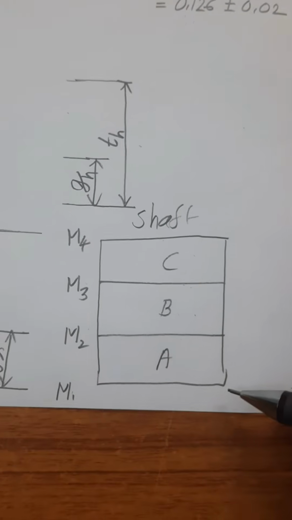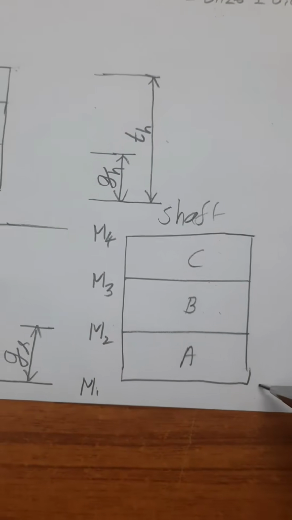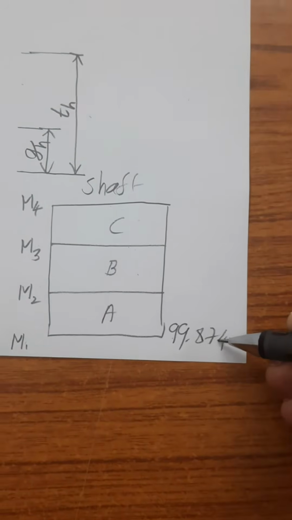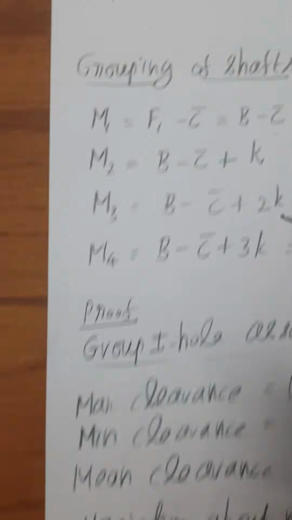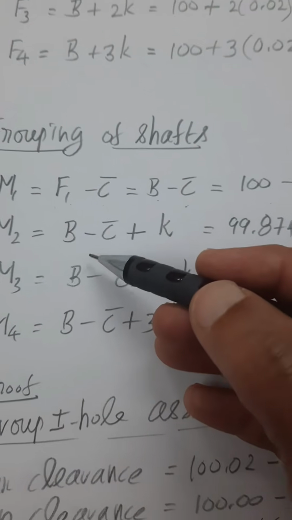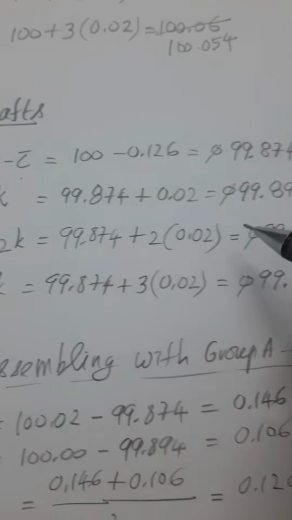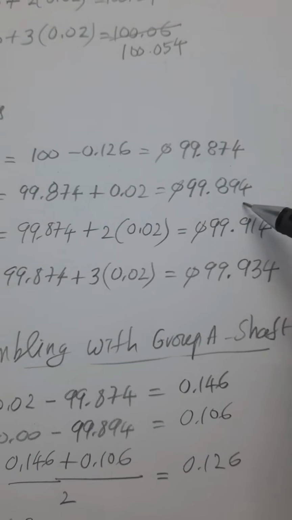So the M1 value is found to be 99.874. M2 is B minus C bar plus K. This comes to 99.894.